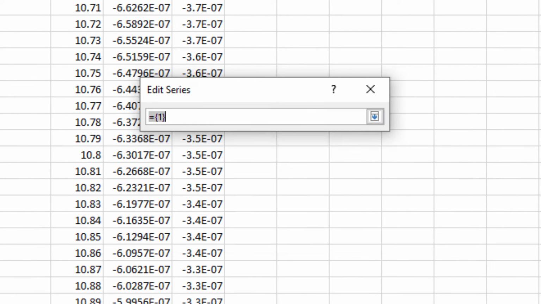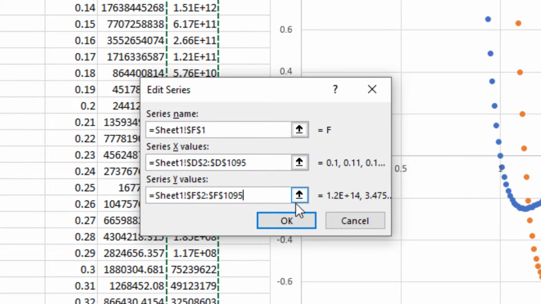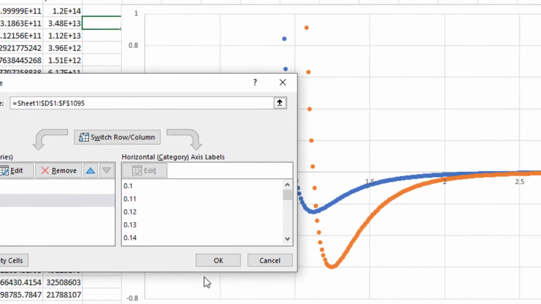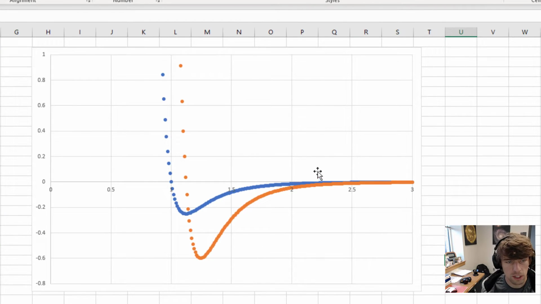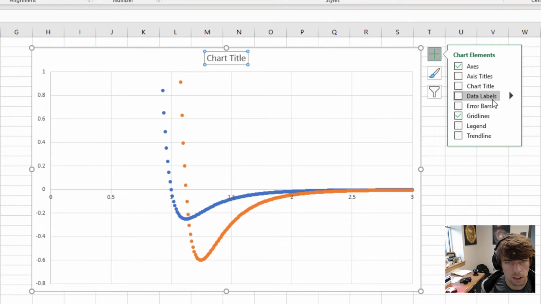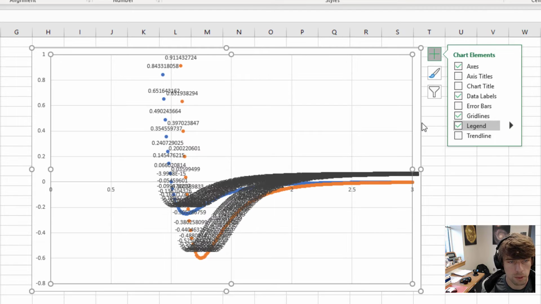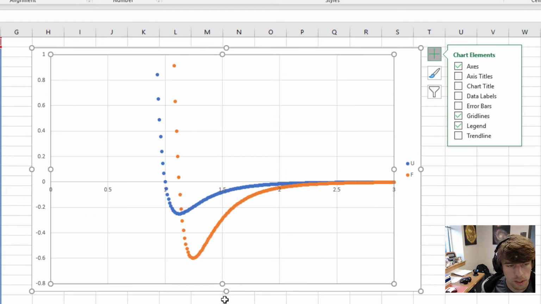We'll put the forces in too. Pretty awesome, eh? Now you can see both of them on the same plot. Let's take those data labels off. Don't need those. So we can see those on the same plot, which is always nice.